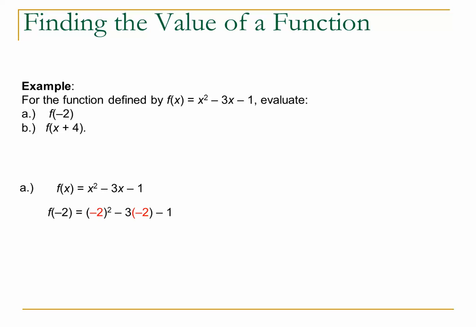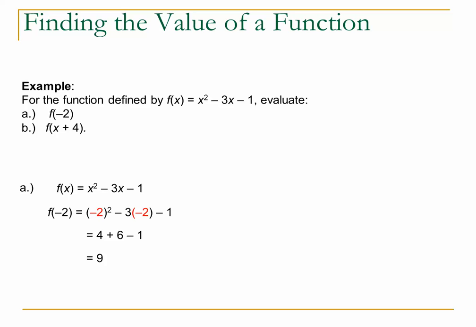Then watch your order of operations. Here, our order of operations says (-2) squared has to happen first, which gives you 4. Then you have -3 times -2, which gives you a +6, -1. Order of operations says to always read this from left to right. So we take 4 plus 6 is 10, minus 1 is 9.